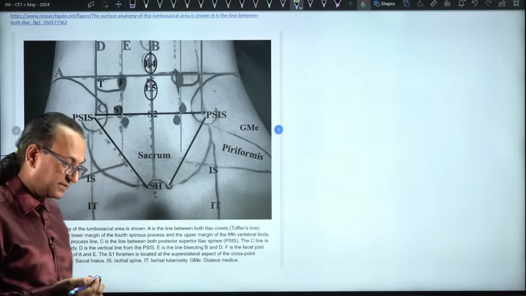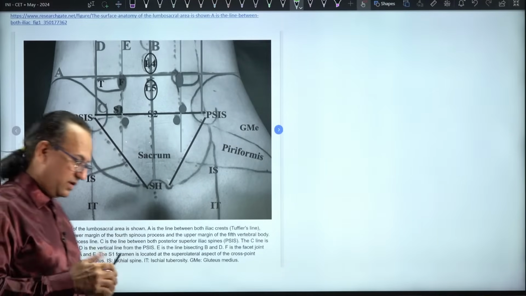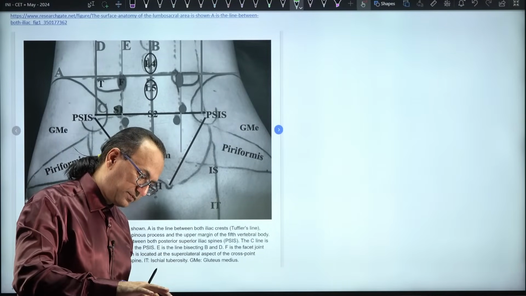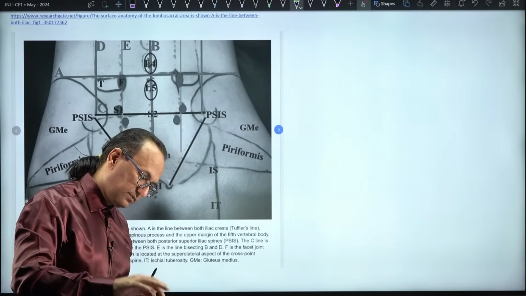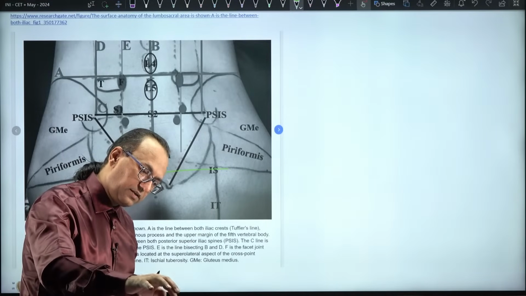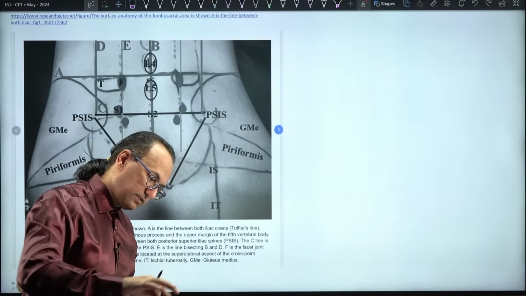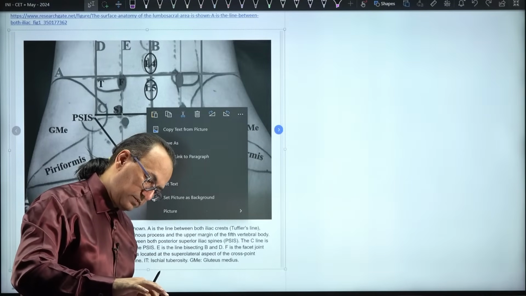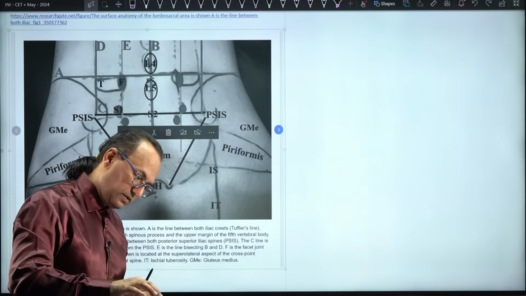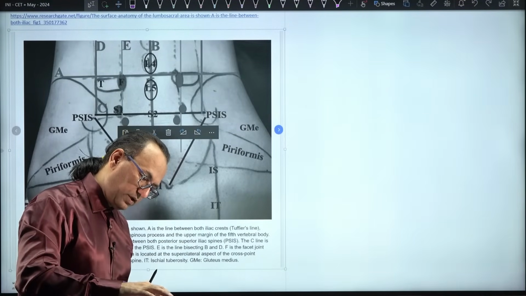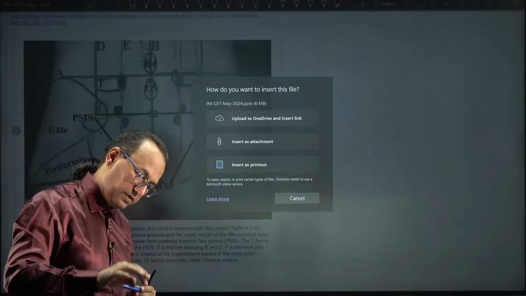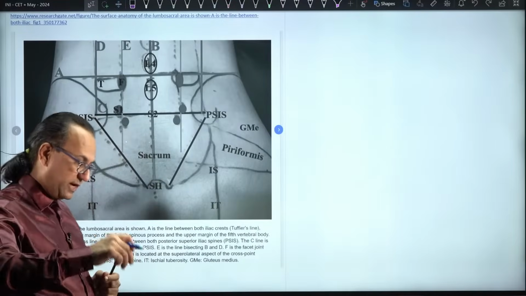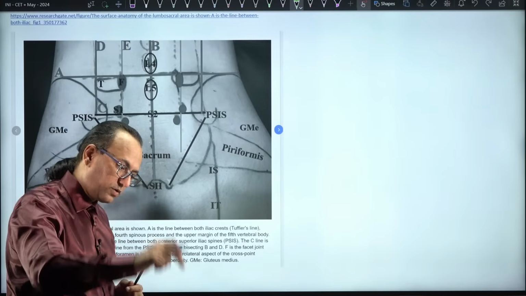So it is a good thing. Now, as you see, anyway, it will not let me work the way I want.